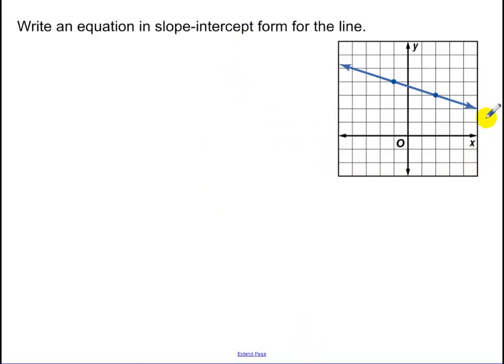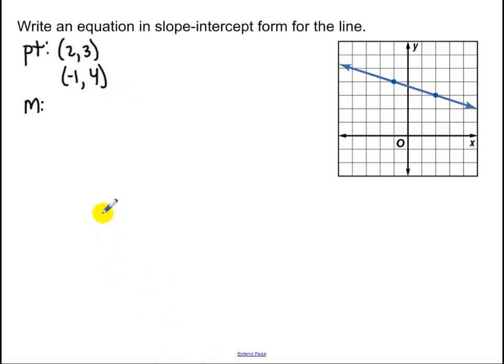Okay, so what we have here is we have to figure out a point that's on the line, and we need to figure out the slope, because that's all you need to write the equation of a line. So we actually have 2 points on that line. One of the points is (2, 3). The other point is (-1, 4).